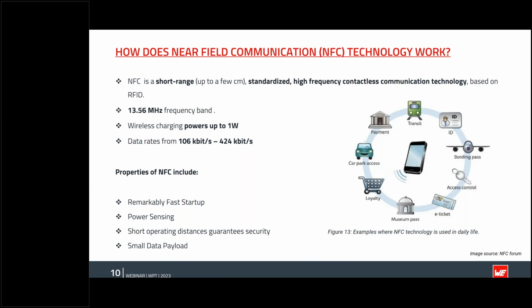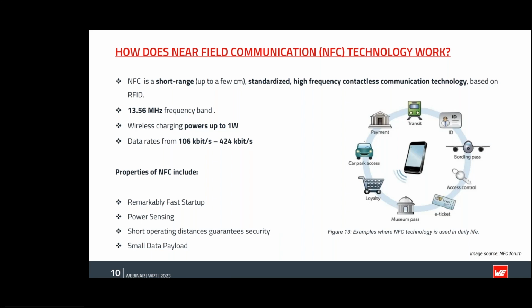As you can see, NFC operates at a frequency band of 13.56 megahertz, and WPT operated only up to 205 kilohertz. The charging power in NFC technology is only possible up to 1 watt, and the data rate is usually between 106 kilobits per second and 424 kilobits per second.